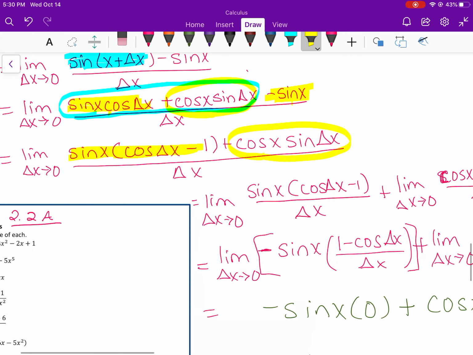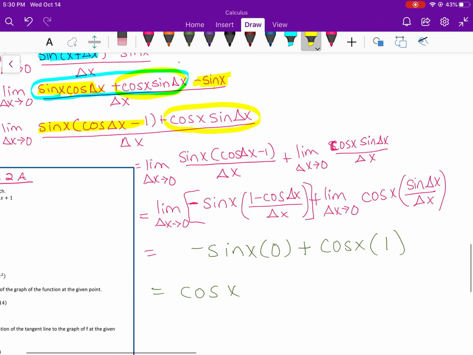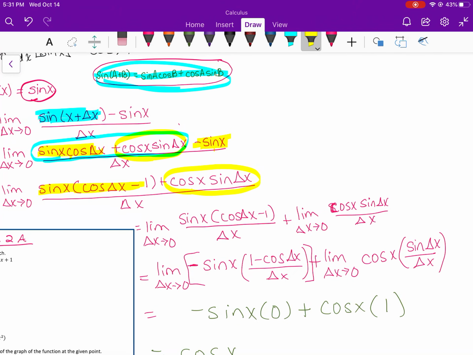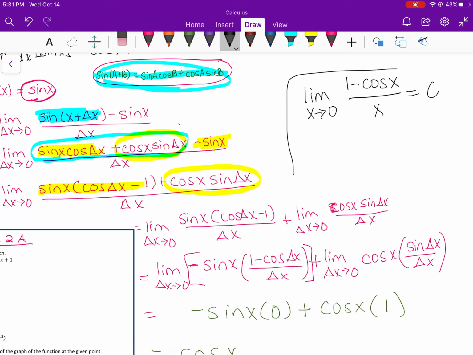And then I broke it up as the limit of each piece in my sum. And then I was looking at the squeeze theorem. So the squeeze theorem from chapter 1 said the limit as x goes to 0 of 1 minus cosine x over x is 0.